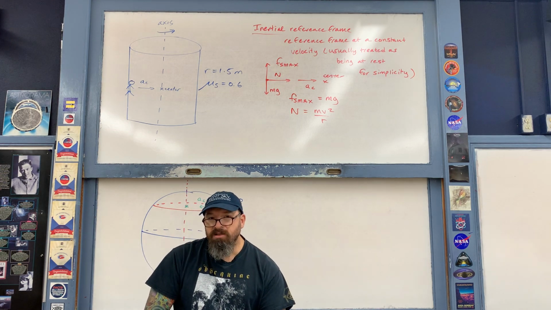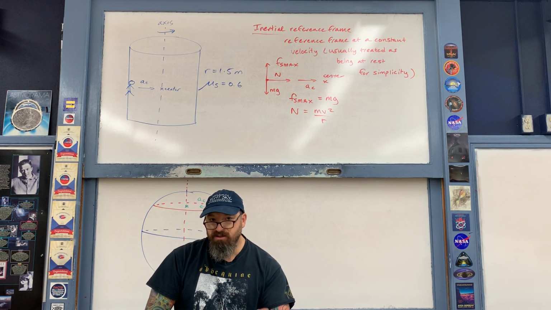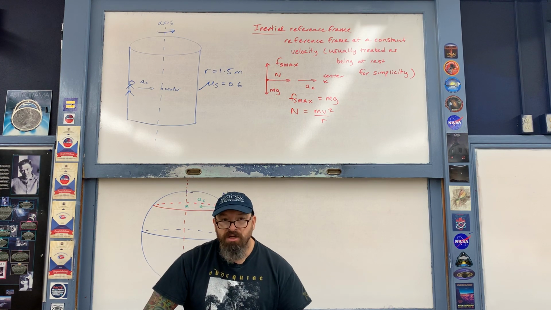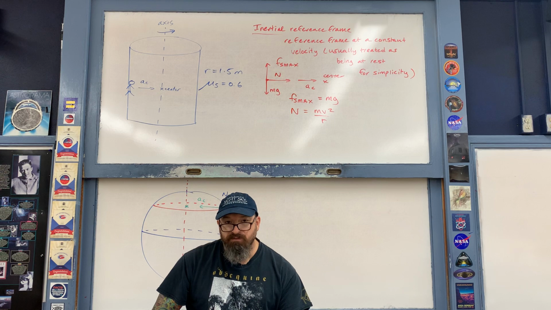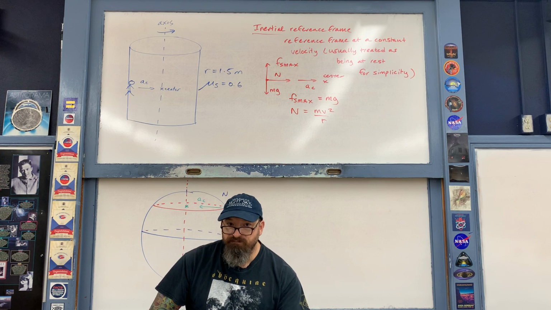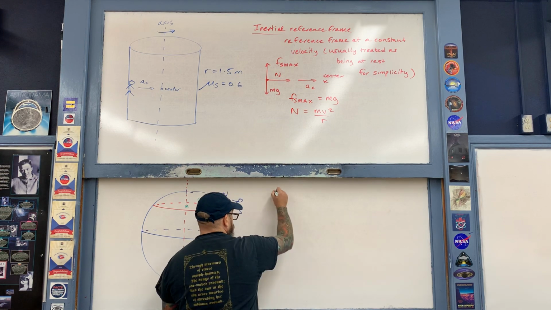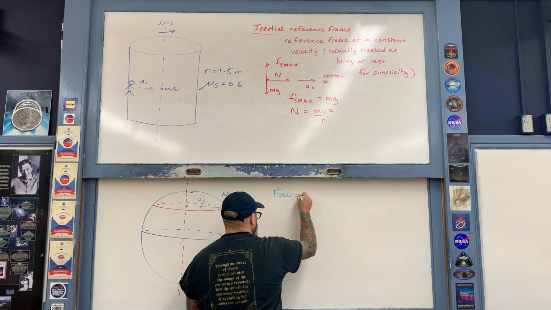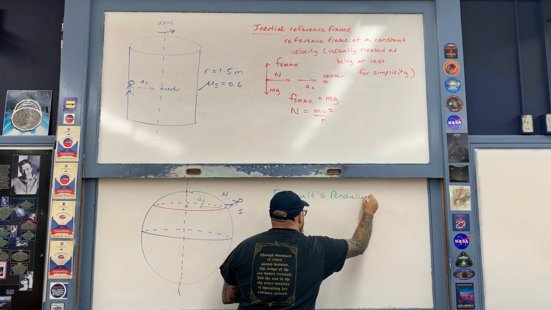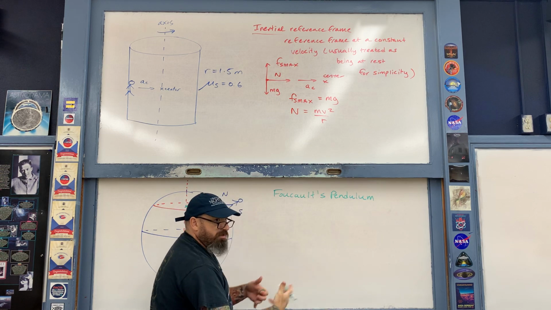The first time that the Earth's rotation was actually physically detected, by physically detecting that fictitious force, was in the 19th century with a very famous experiment involving a type of pendulum. This experiment is referred to as Foucault's pendulum. Foucault's pendulum is a specific demonstration or experiment, if you will.